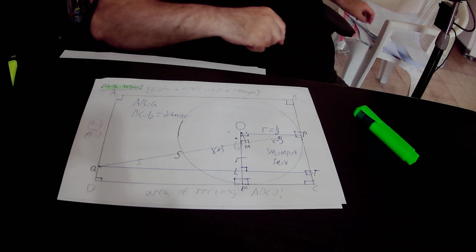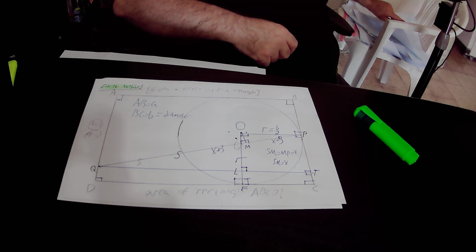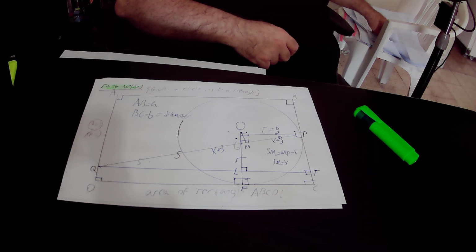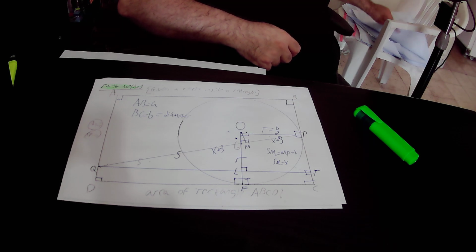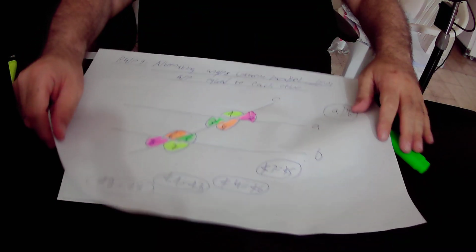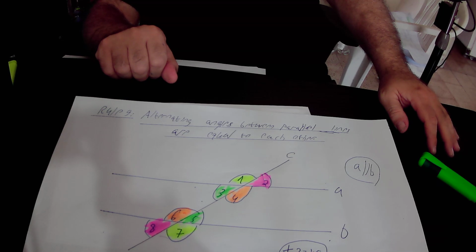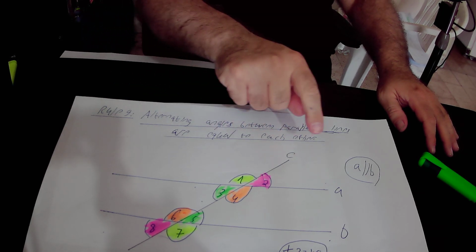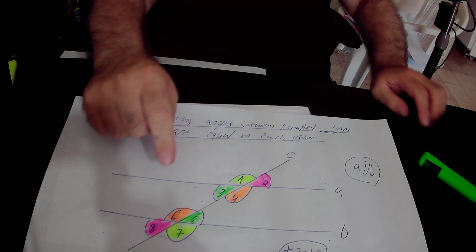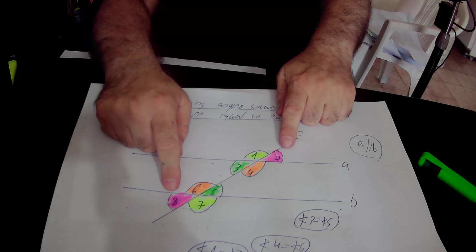And here we have rule number 9. According to rule number 9, alternating angles between parallel lines are equal to each other. Line A is parallel to line B, therefore those two pink angles that are defined as alternating angles are equal to each other.